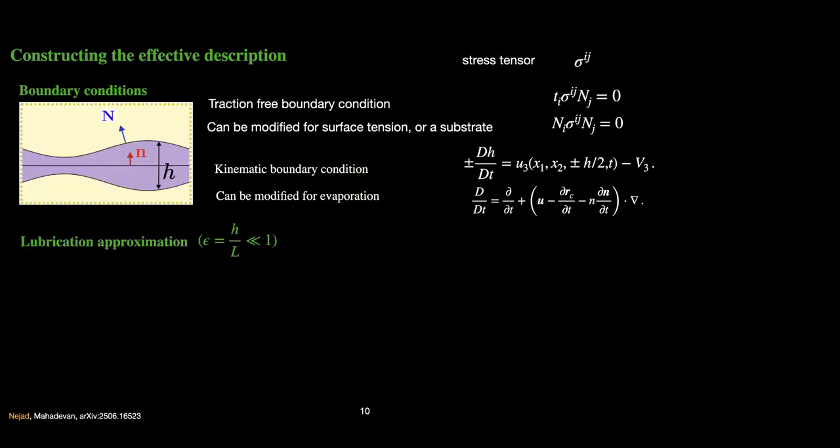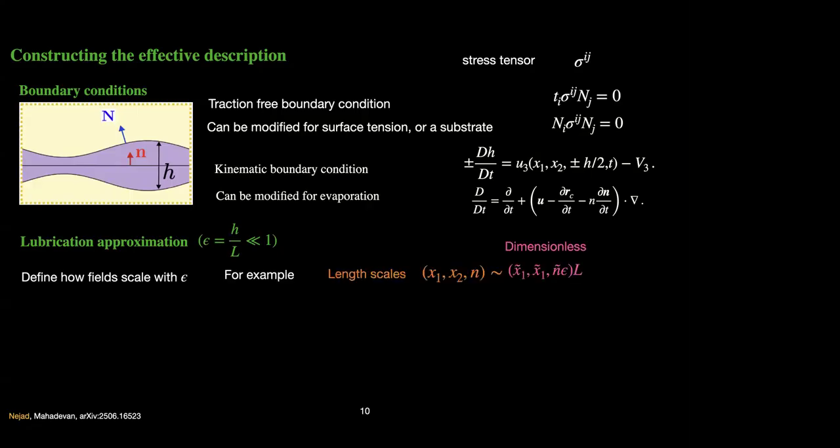As a result, it's good to do a lubrication approximation, which means if we define the aspect ratio of the film, we know that it's small, and it can help us simplify the equations and build an effective theory for this system. So this epsilon parameter is the aspect ratio of the system. And now we can expand all the fields in this problem and solve the equations order by order.